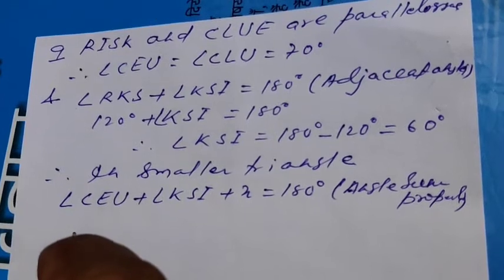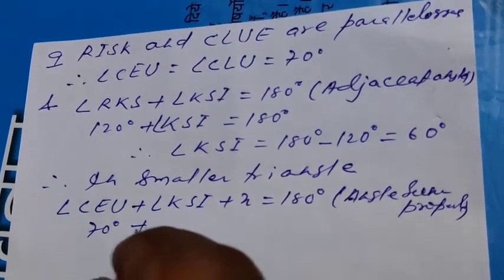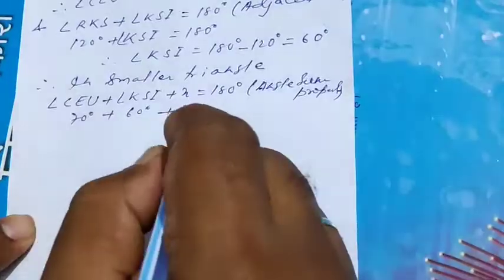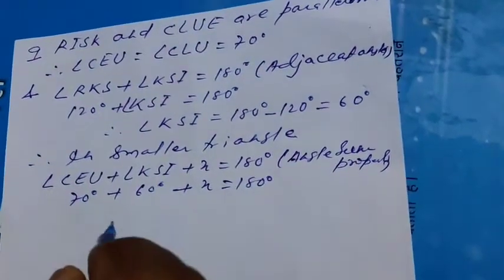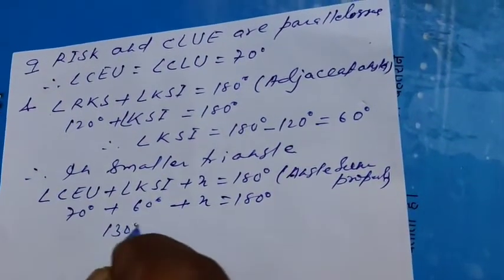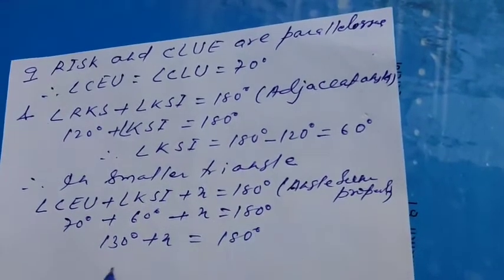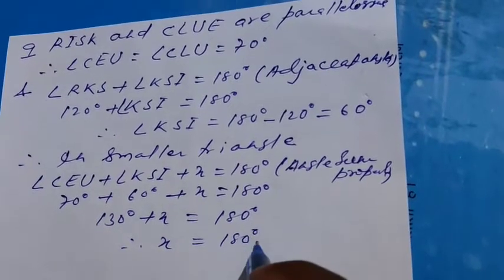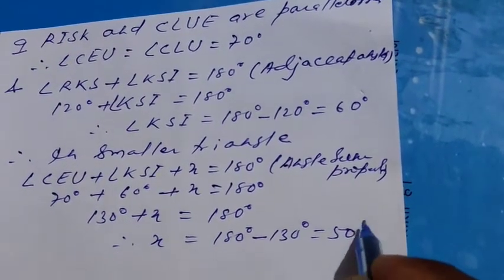Value of angle CEU is 70 degree plus KSI is 60 degree plus x equal to 180 degree, and therefore 130 degree plus x equal to 180 degree, and therefore x equal to 180 degree minus 130 degree, this equal to 50 degree.